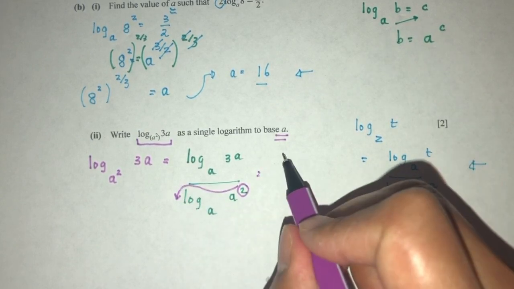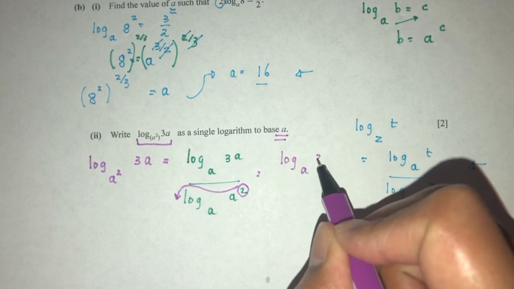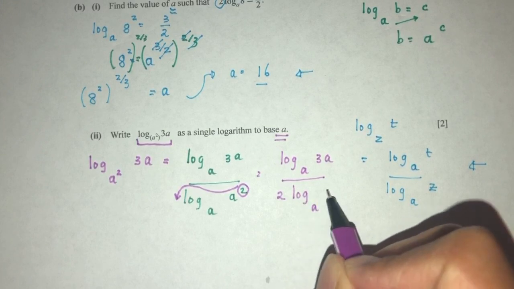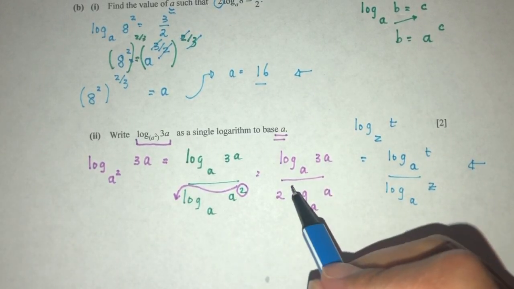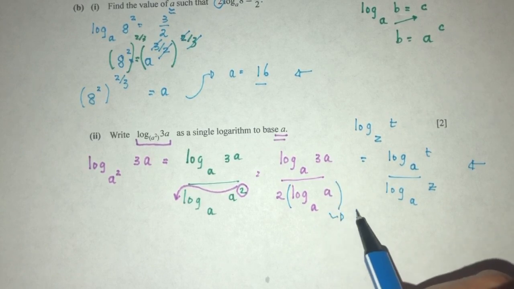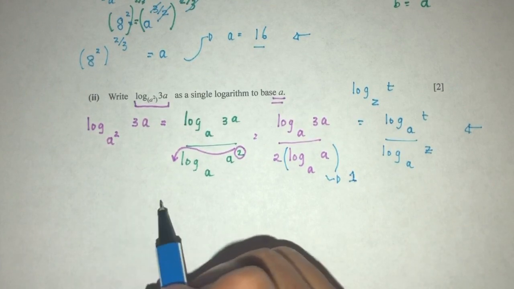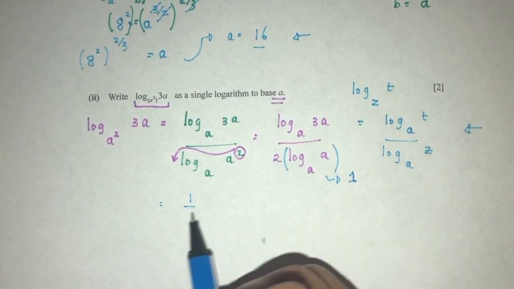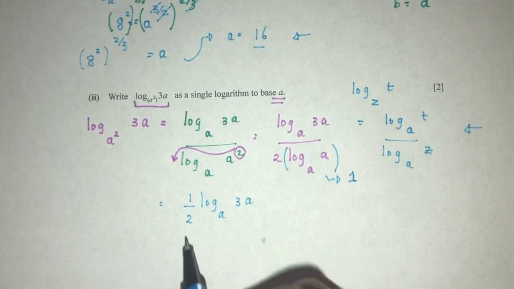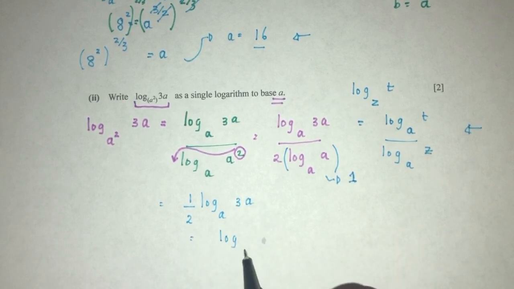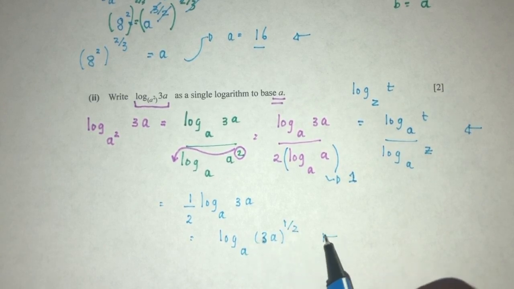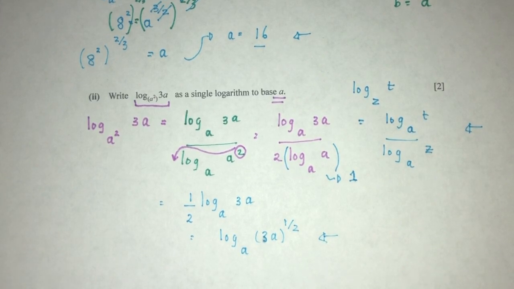So you will have log base a of 3a, and 2 log base a of a. Now we have to understand that log of something to the same base is just equal to 1. So you will have, obviously divided by 2, half log base a of 3. Now you can simplify, that will be log base a of 3a to the power half, and that will be your answer for part 2, question number 3.